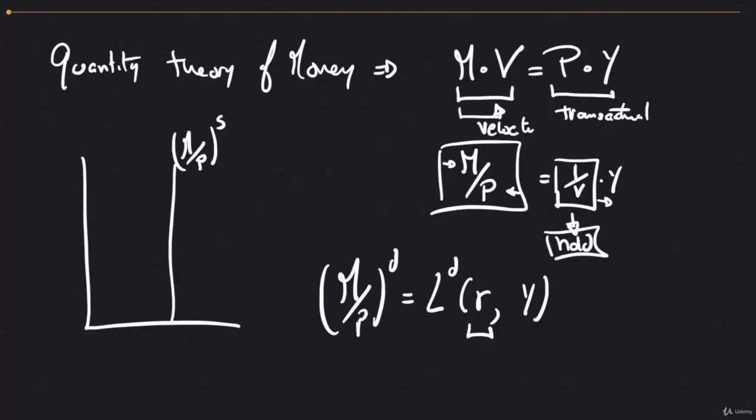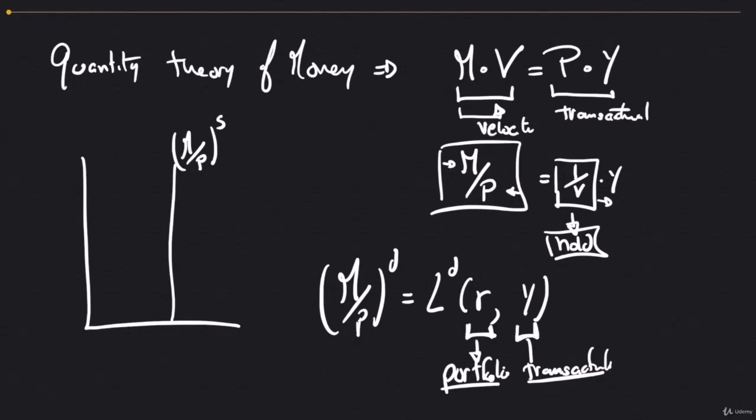Here, you have basically the portfolio determinant of liquidity demand, and here you have the transactional function of liquidity demand. So what makes you and I demand money? Well, it depends on the interest rates in the market. If interest rates are high, I don't want to keep cash money. I'd rather keep it in higher interest rate bearing assets like bonds or some saving accounts.